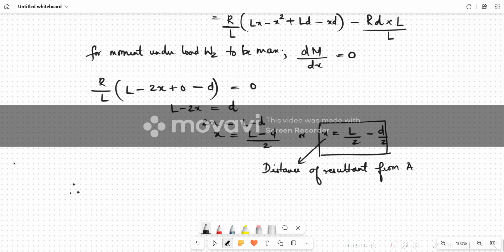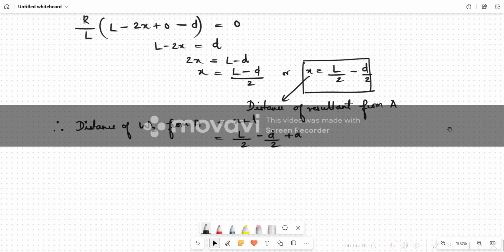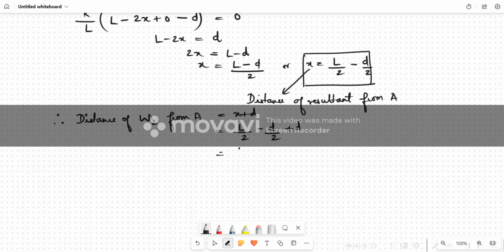So you can measure the distance of your selected load W2 from A. So it is better to find that out. The distance of W2 from A is nothing but x plus D. So what you have to do is L by 2 minus D by 2 plus D, which means simplifying you get L by 2 plus D by 2.